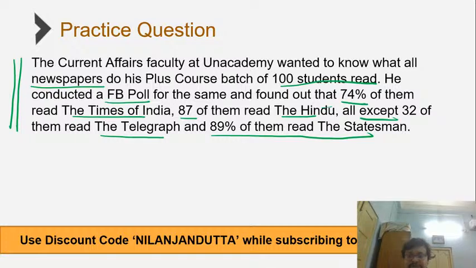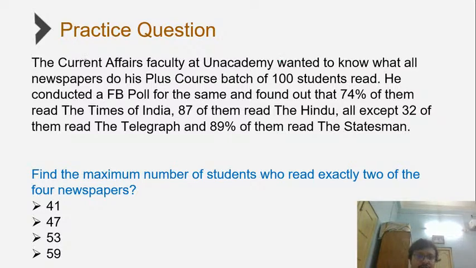The 4 newspapers, each of them are read by a different count of people. The good thing is the number of students and the percentage is the same thing, because the total base is 100 students. So what you do is solve the questions that are there in the set.